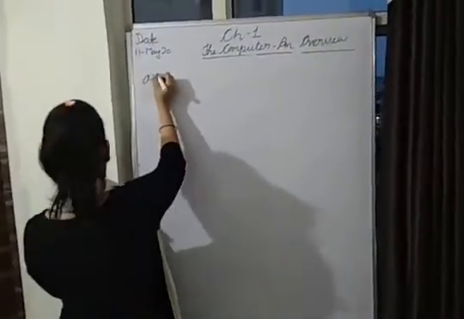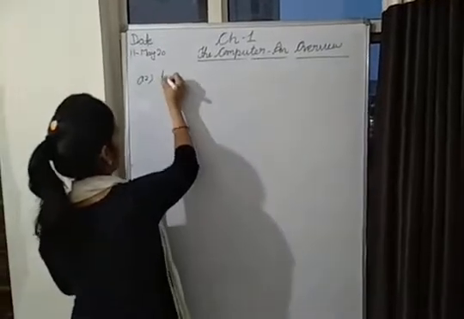The question number 2 is, what are the limitations of the computer?